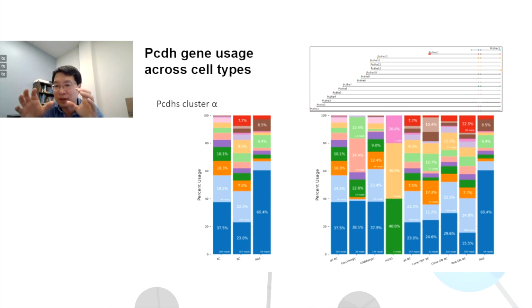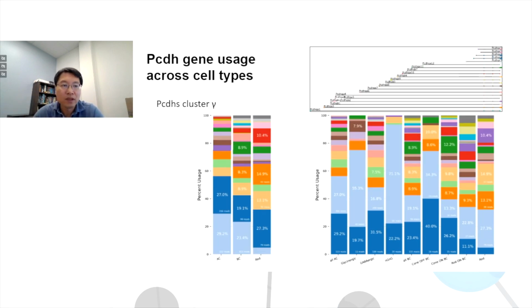Different bipolar cell types, although they are very closely related, express all these isoforms, but the proportions are quite different. Similarly for the gamma, I have the same story, where the different isoforms are expressed in all cell classes, but between different classes, the ratios are quite significantly different.